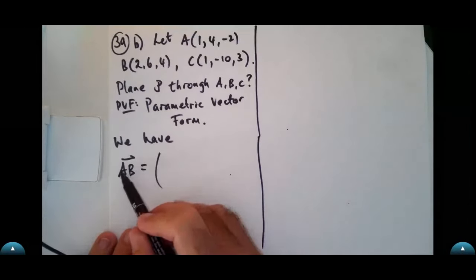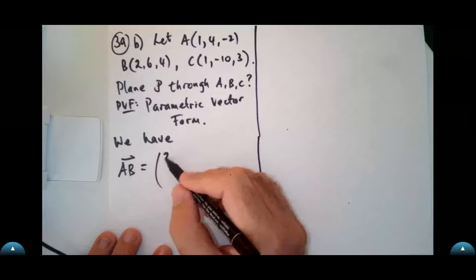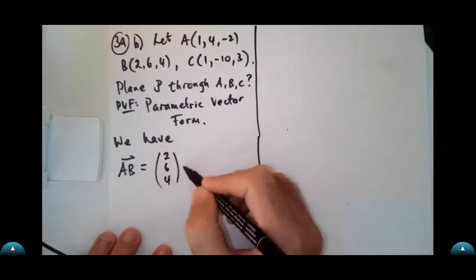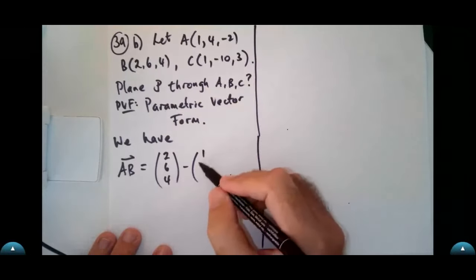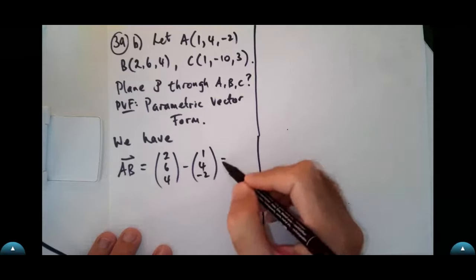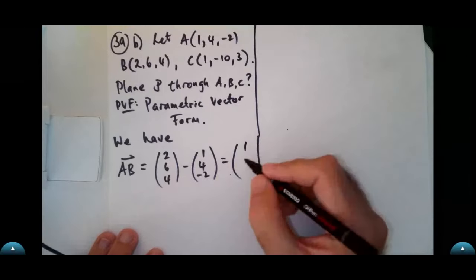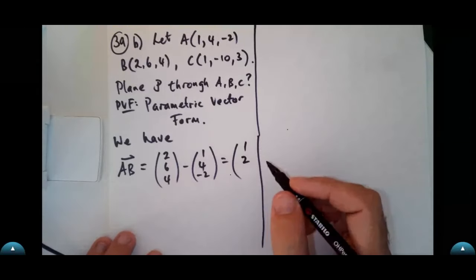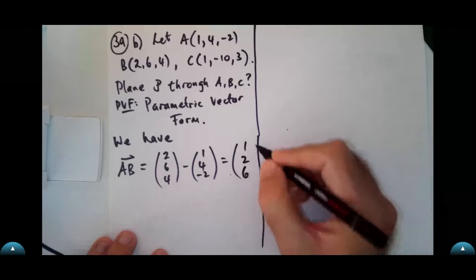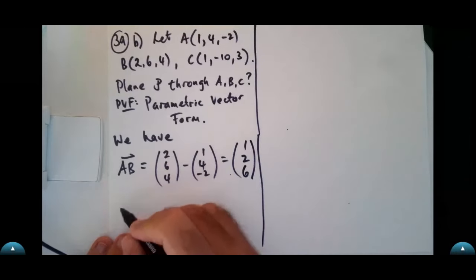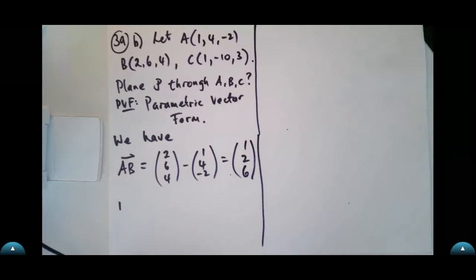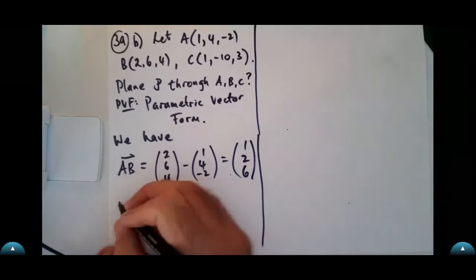So the vector from A to B is the position vector of B minus the position vector of A. And so how do you do it? You just work component-wise. Okay, and let's do, I think I'll do AC.